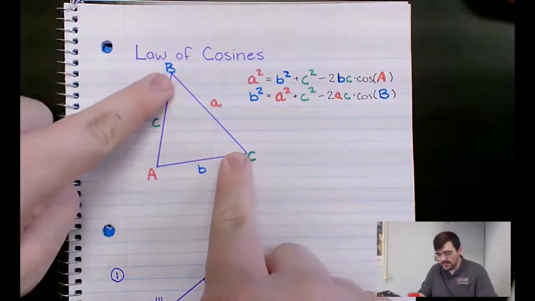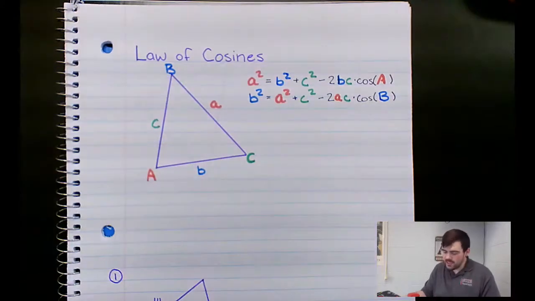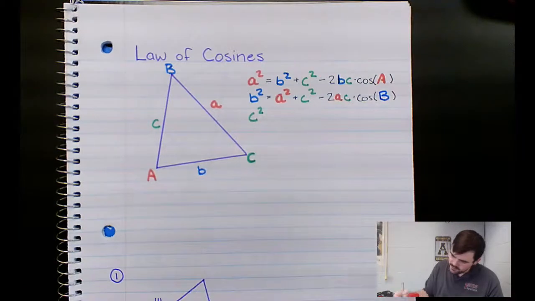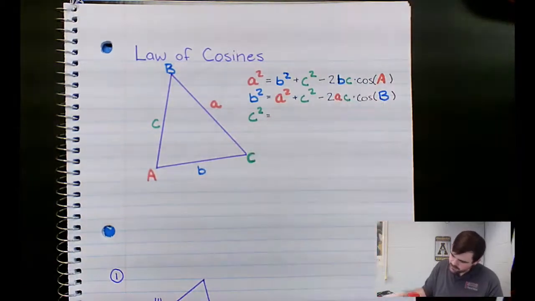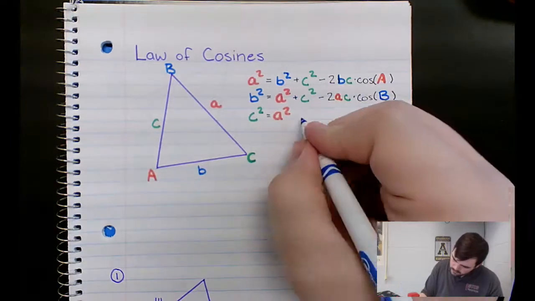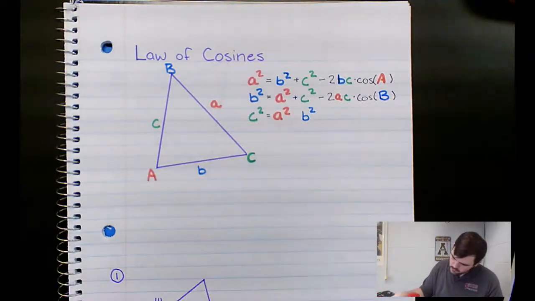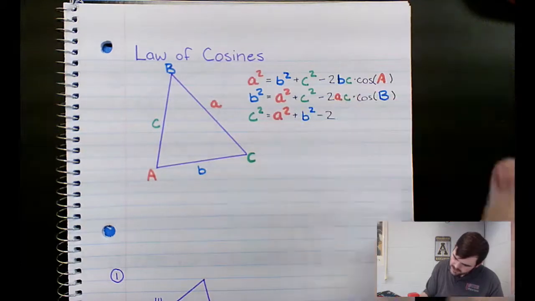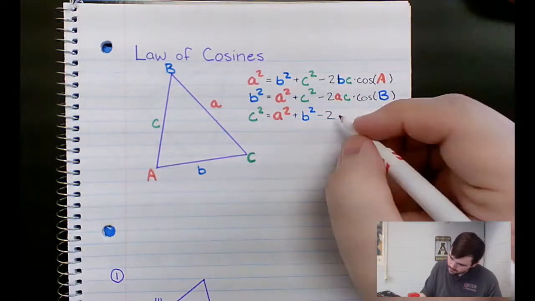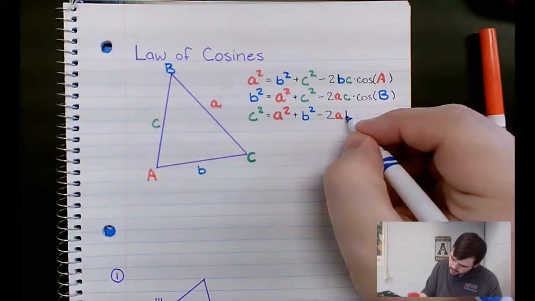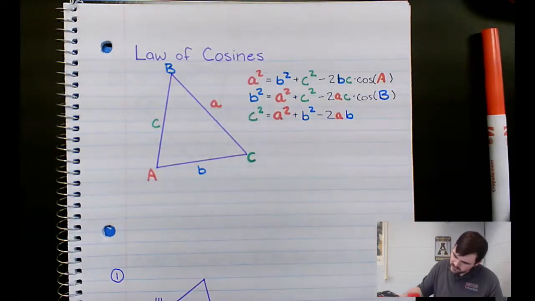The side I take the cosine of is the opposite angle. And similarly, c squared equals a squared plus b squared minus 2ab times the cosine of angle C.